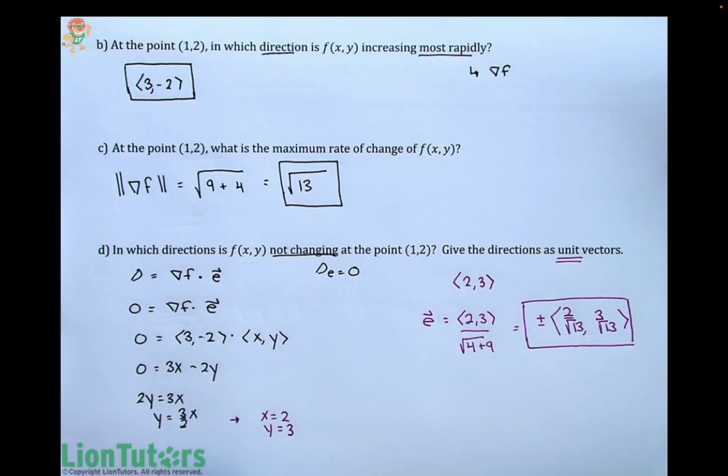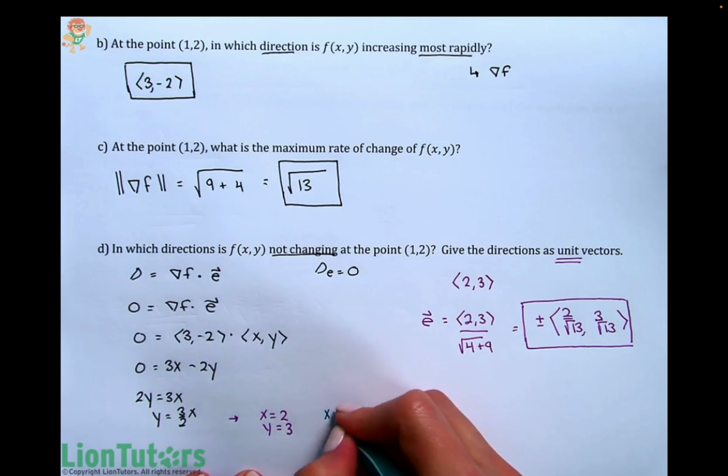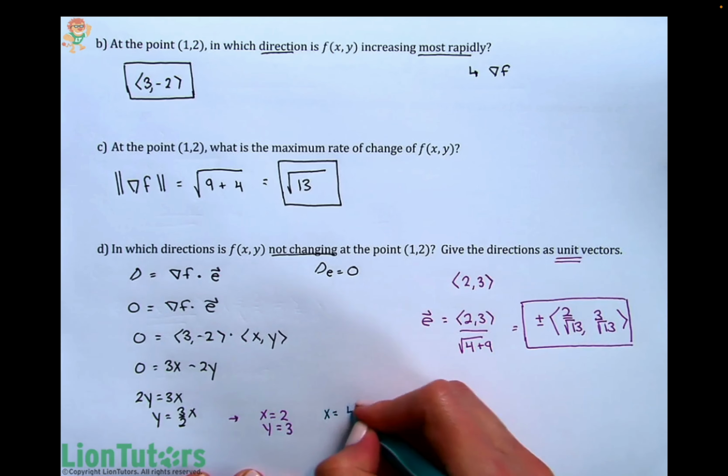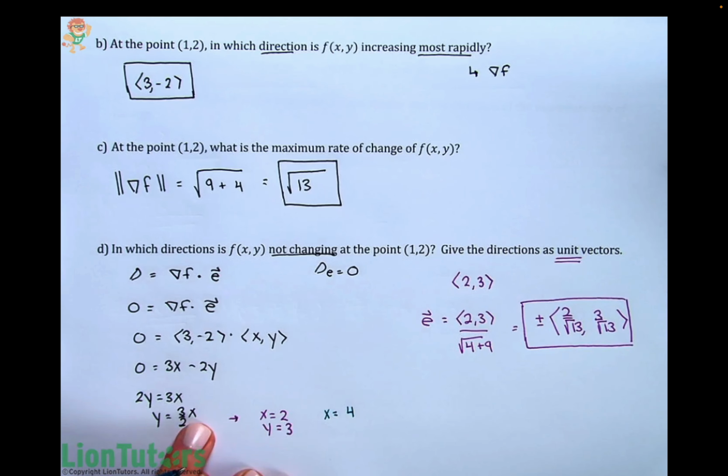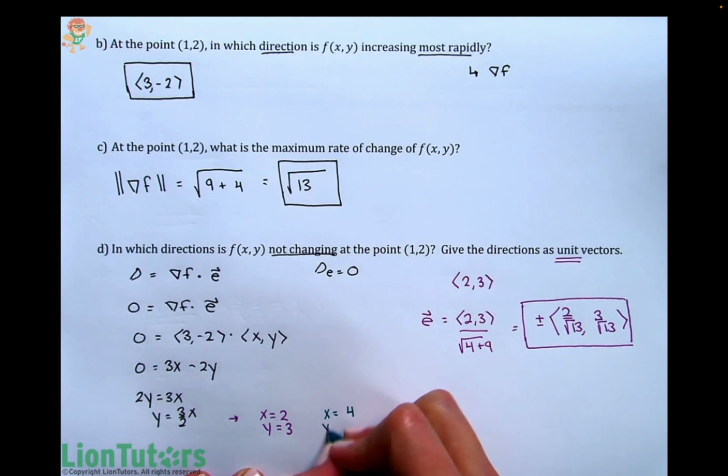And if you wanted to, I'm not going to waste your time doing it, but you could choose other values for x and y. So let's say you chose x to be, let's make it something that works out nice, 4. And if x is 4, then y would have to be 6 as a result.